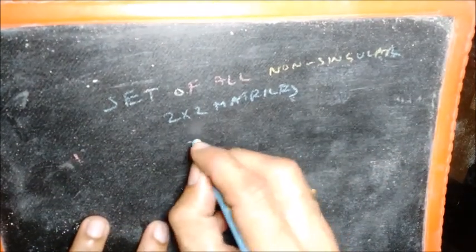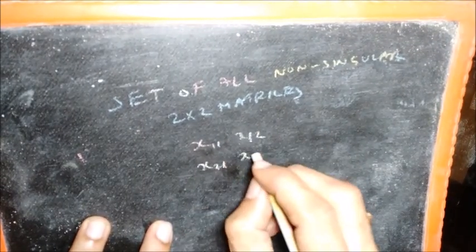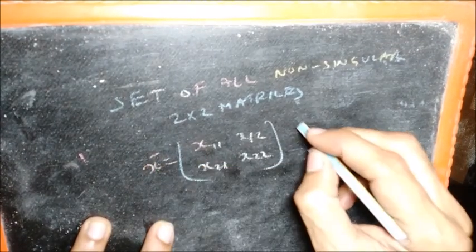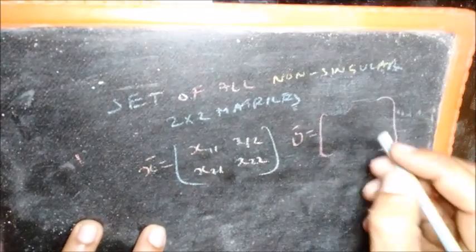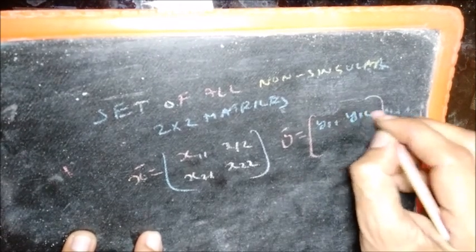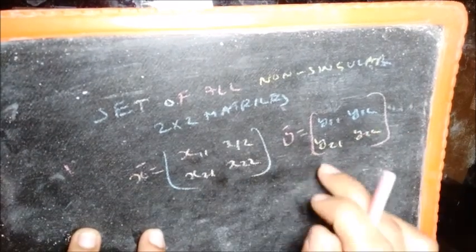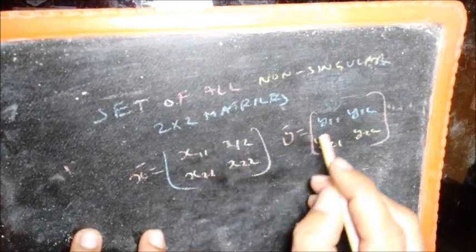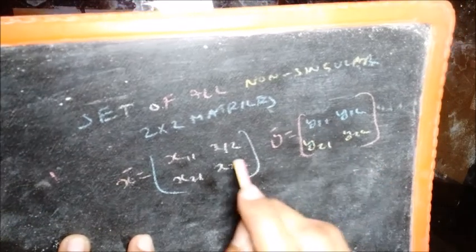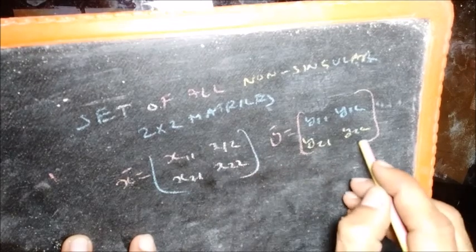So to be more specific, if this is one of the matrices and the other one is this, remember these are all non-singular, so it goes without saying because I have mentioned it here. I am going to define addition by x11 plus y11, x12 plus y12, x21 plus y21, x22 plus y22.